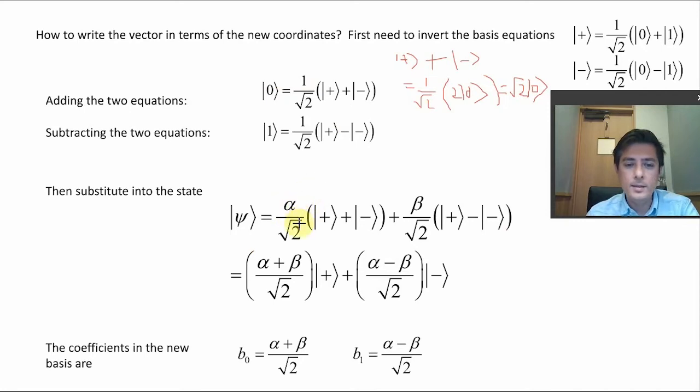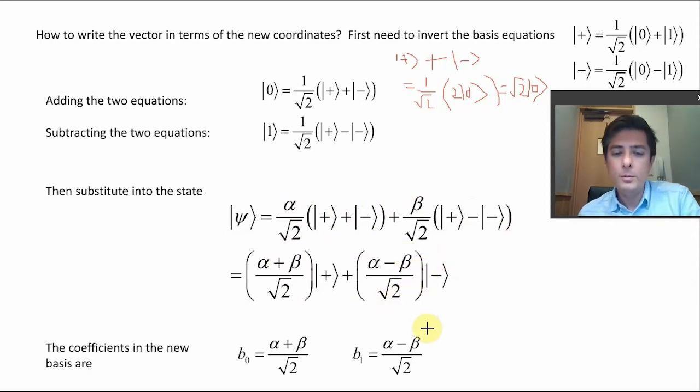Then you get alpha 1 over square root of 2 of plus state plus minus state. And here we get beta 1 over square root of 2 and plus state minus state. Okay, then if you rearrange this, just collect the terms, we've got a plus and plus here, we can just factorize this. We've got alpha plus beta over square root of 2, and you've got this term, and here you've got alpha minus beta, and you've got the second term.